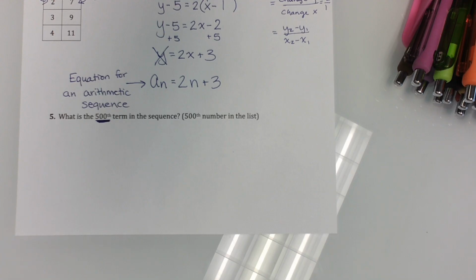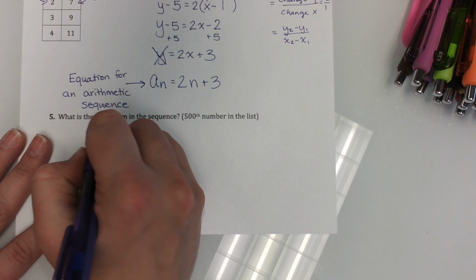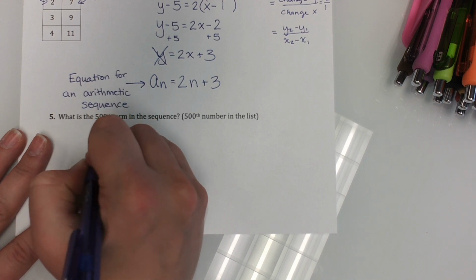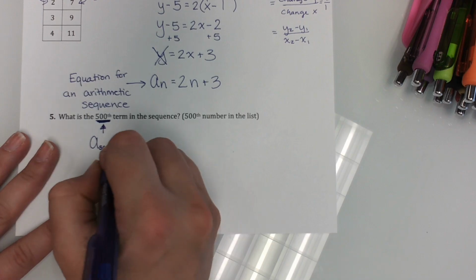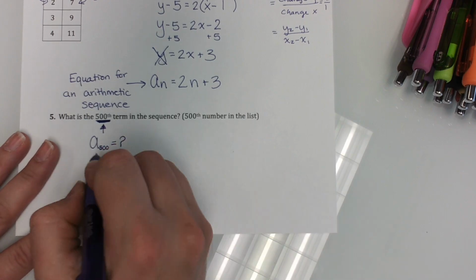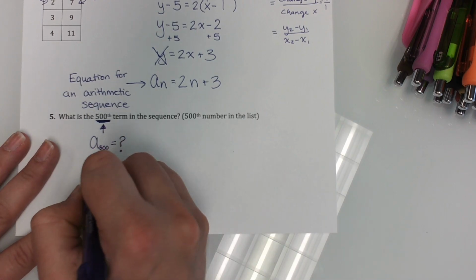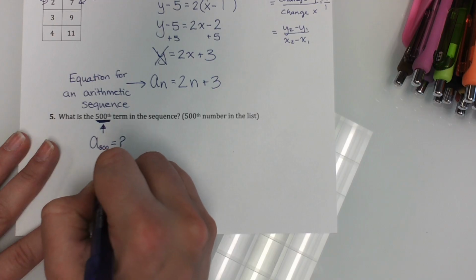What letter represents where you are in the list? N. When I ask for the 500th term, I am looking for a sub 500. In other words, n is 500.